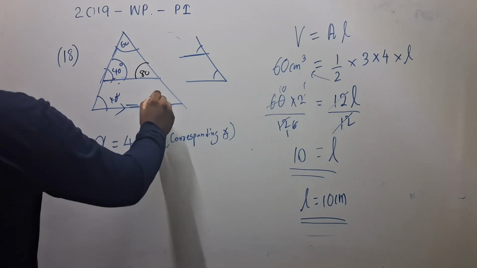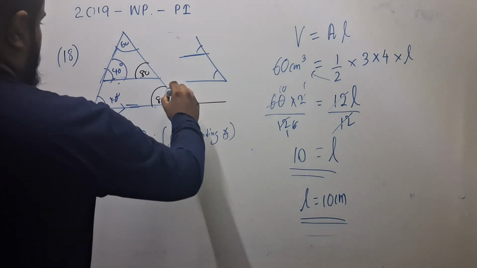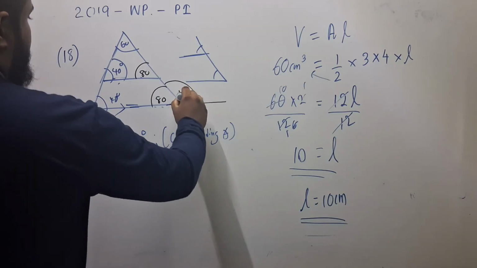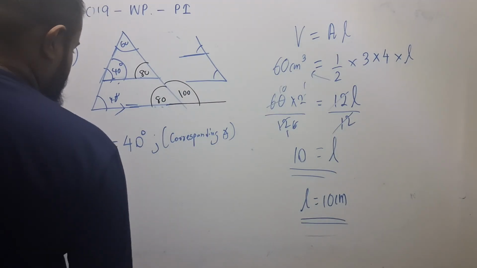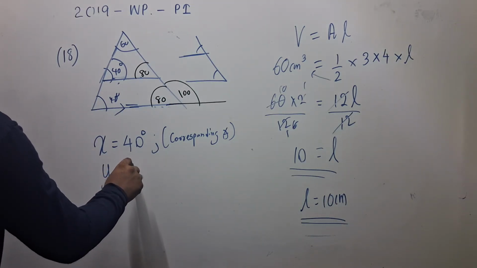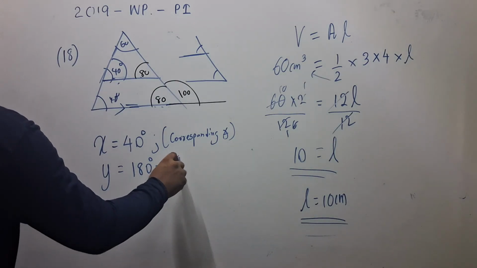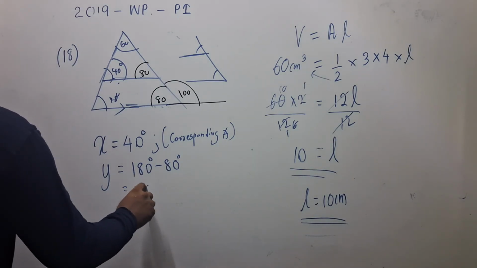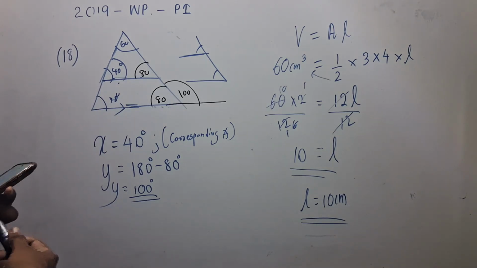If this is 80, this is also 80. If that angle is 80 degrees, the outside angle becomes 100. So what's the value of y? y is 100. y equals 180 minus 80, which is 100. Okay, that's the answer.